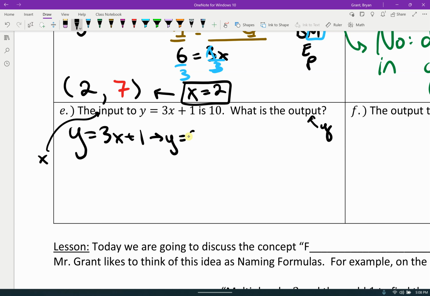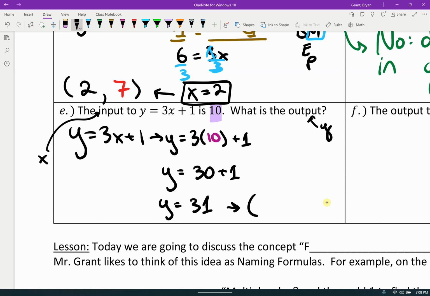So they are actually telling us here that the x value is 10. They want to know what is the output, what is the y? Well, we multiply first, add after, and the y value is 31. Or another way to put that is we input 10 and we got an output of 31.